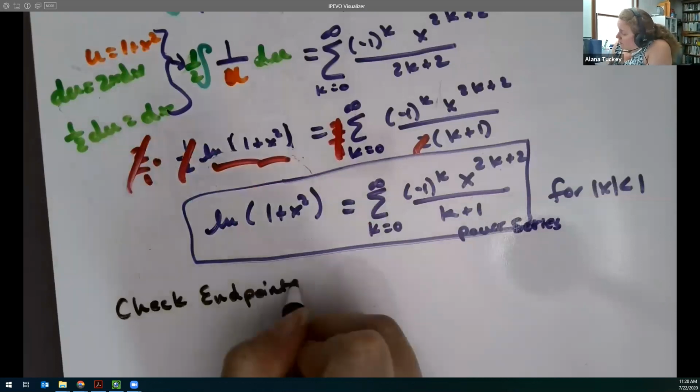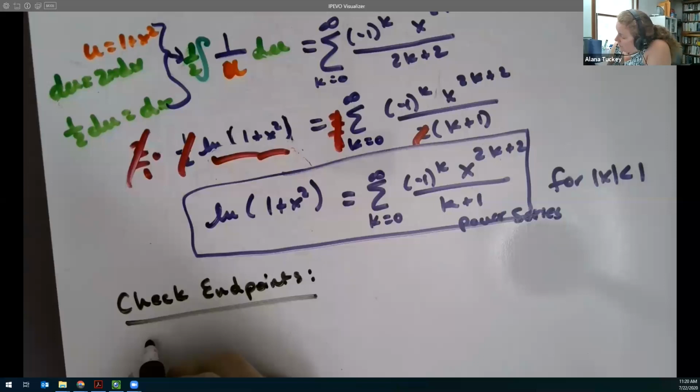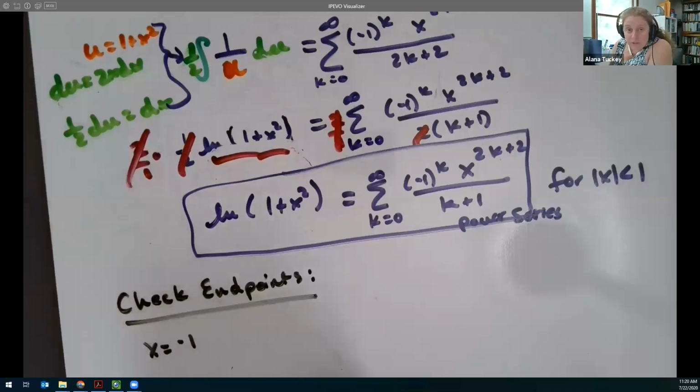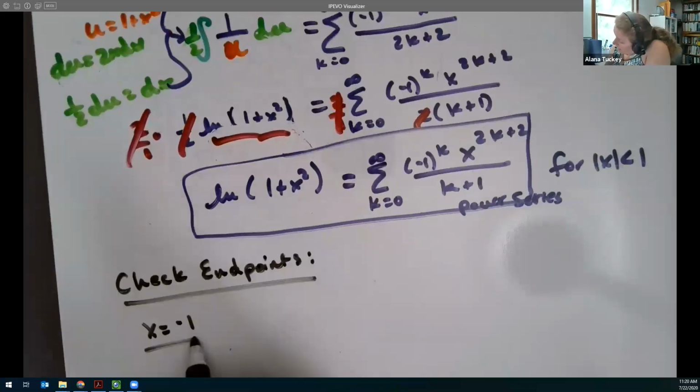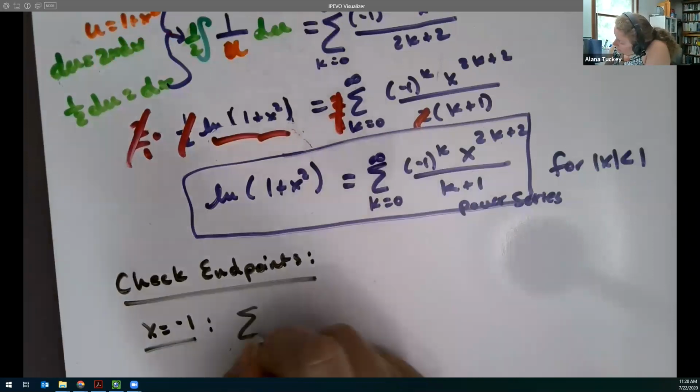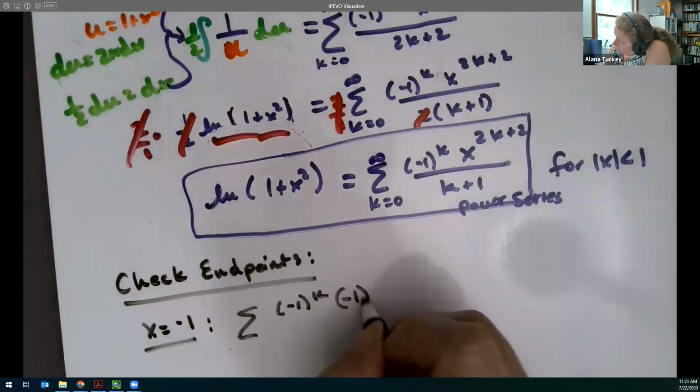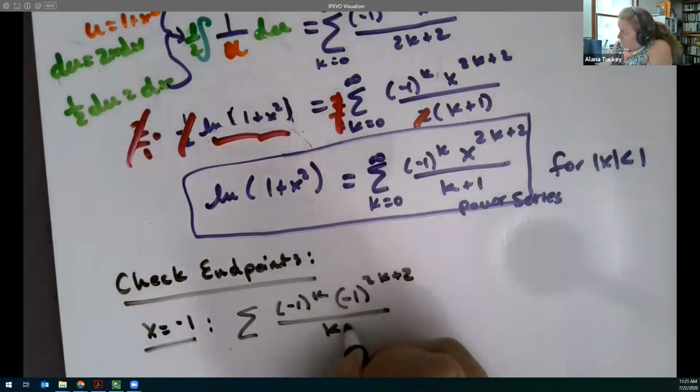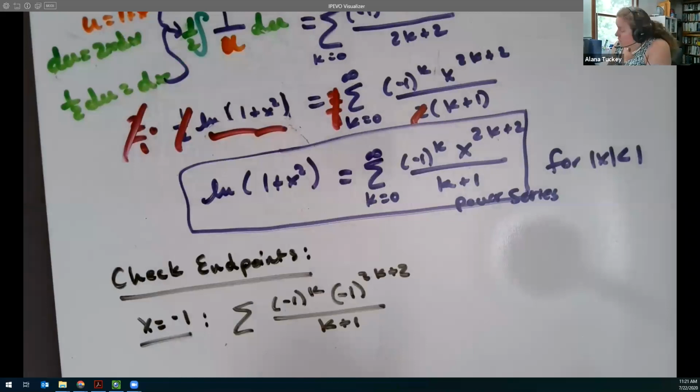Okay. So if I put x equals -1 into that lovely series that I generated, I would have -1 to the k, that hasn't changed, times -1 to the 2k plus 2 over k plus 1. So that's -1 to the 2k plus another k, 2k plus 1k makes 3k.